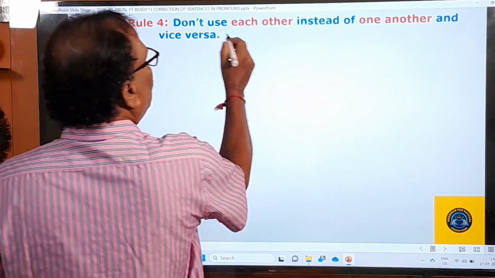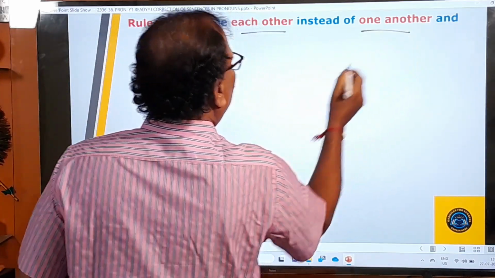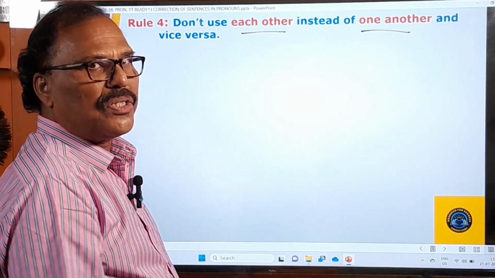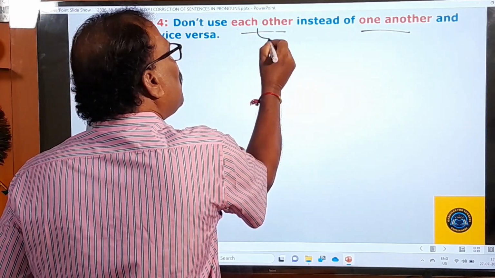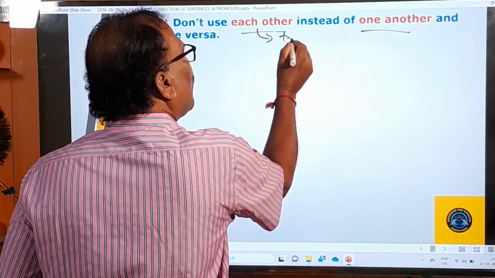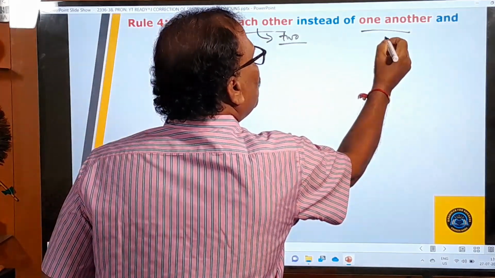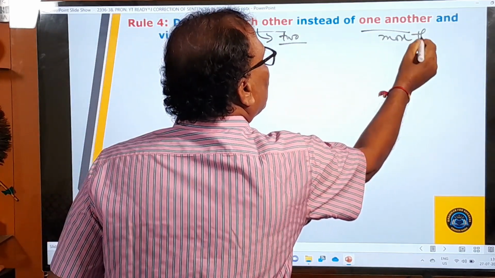This fourth rule is that don't use each other or one another interchangeably. Each other is used for two persons, and one another is used for more than two persons.